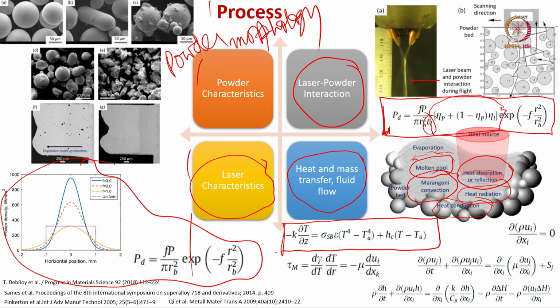That is the temperature gradient, k is the conductivity, sigma epsilon, T to the power 4 minus Ta to the power 4. Any time you see the fourth power of temperature, that should remind you of the Stefan-Boltzmann equation, and Hc is the heat transfer coefficient, into T minus Ta. T is the melt pool temperature, Ta is the ambient temperature.